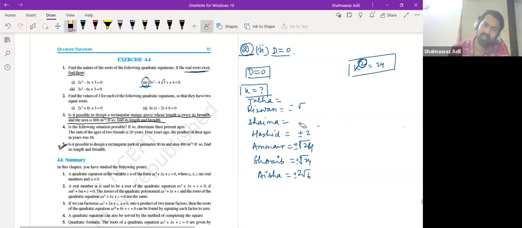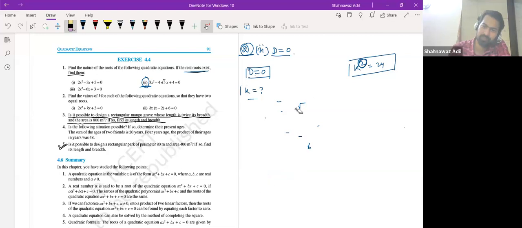Okay, so let me do this problem and then we'll do the assignment problems. Let me solve this problem for you. So we have to calculate D equal to 0, right? And the equation is kx squared minus 2kx plus 6 equals 0.